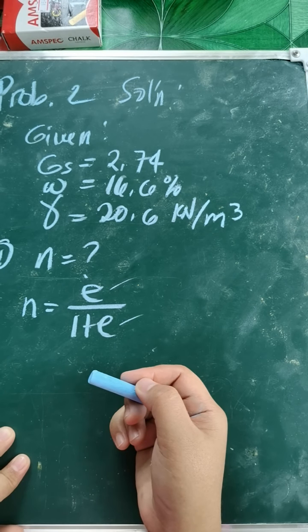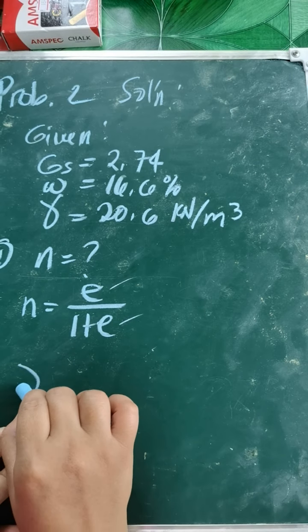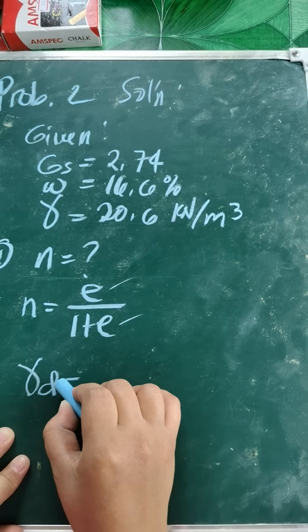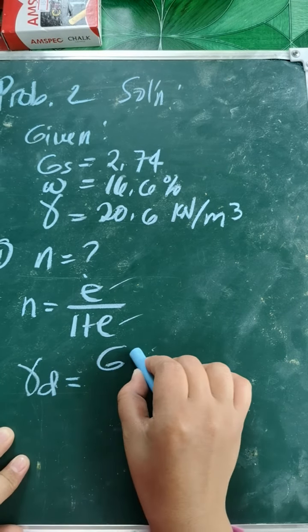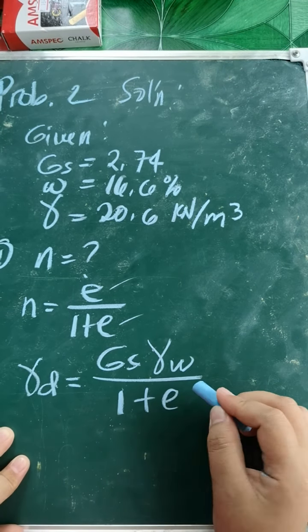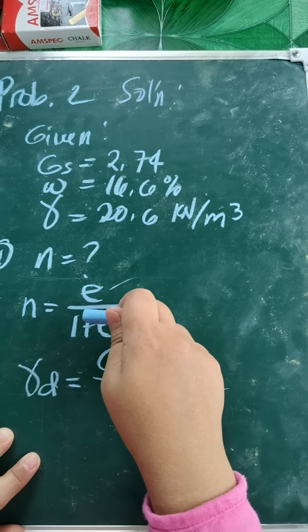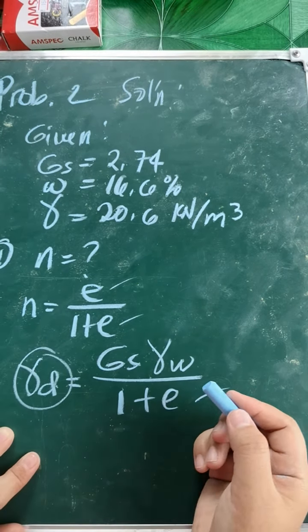For example, to get the equation with E, we have the equation gamma dry equals GS times unit weight over 1 plus E. So we can get the value for E here. But then we don't have the value for gamma dry.